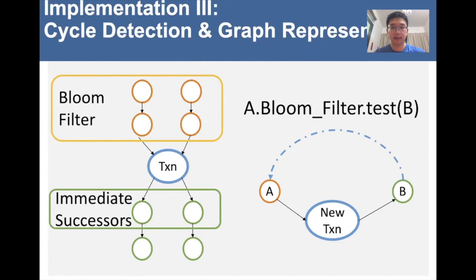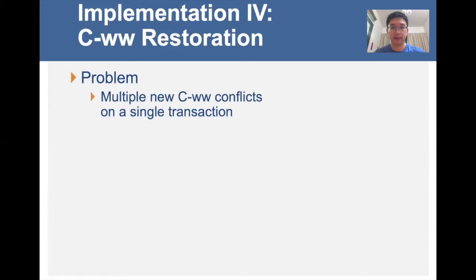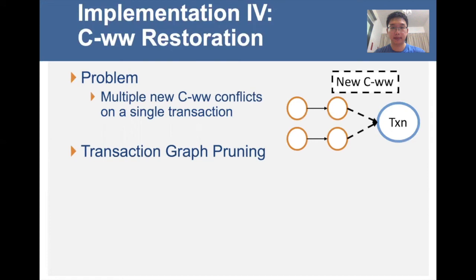At last, given a topologically sorted schedule of pending transactions, we restore serializable conflicts to the transaction graph, which essentially adds new edges. One prominent issue is that the connectivity of a transaction may be affected by multiple write-write dependencies, but our technique in Fabric Shop is capable of performing the update in a single iteration.